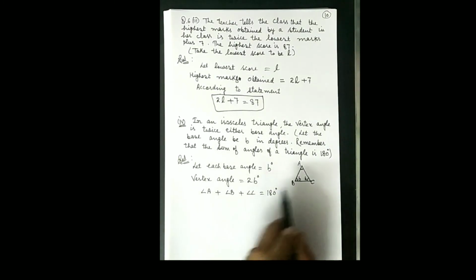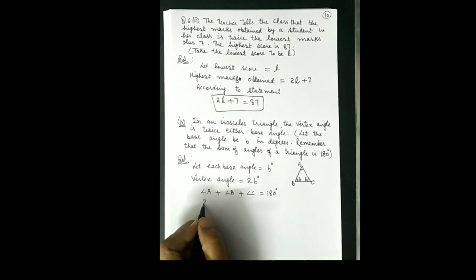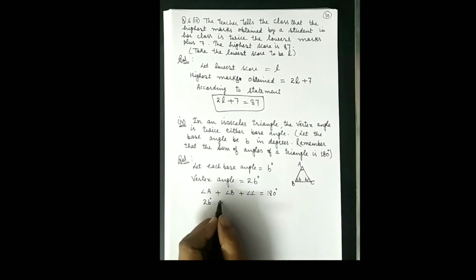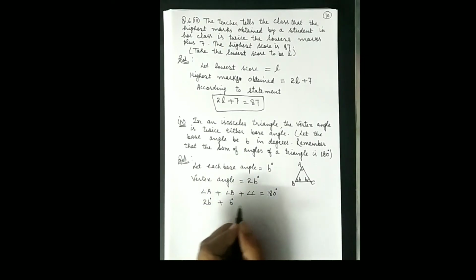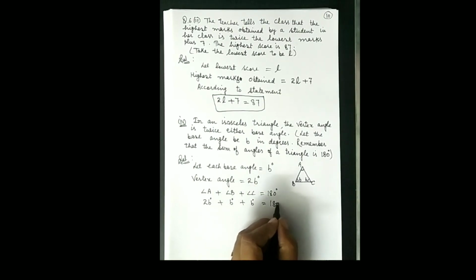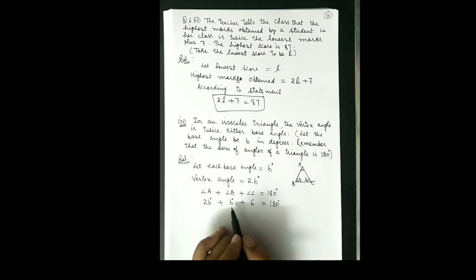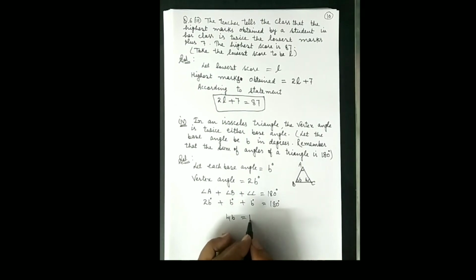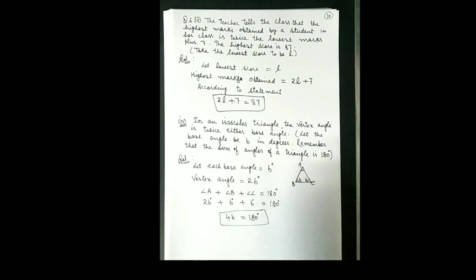So angle A, vertex angle is 2B plus angle B, base angle B degree plus angle C is also B degree. It is equal to 180 degree. 2B plus B, it is 4B. So 4B is equal to 180 degree. This is your required equation.